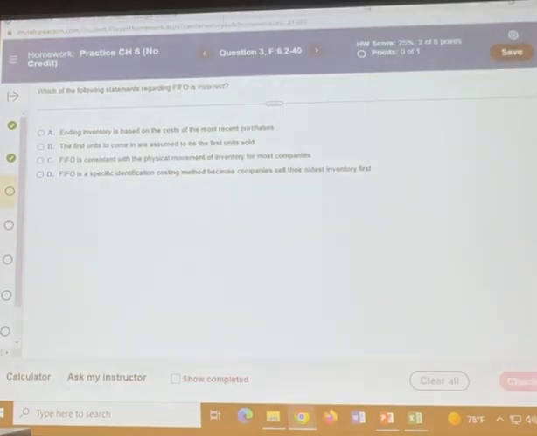Okay, which of the following statements regarding FIFO is incorrect? B as in dog.